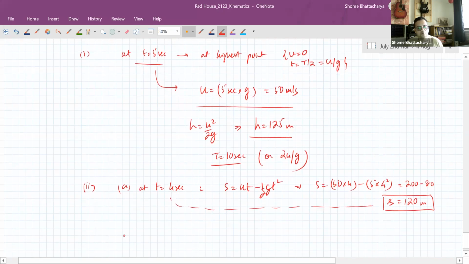In B part, you know that displacement will just be maximum height, which you already calculated above.